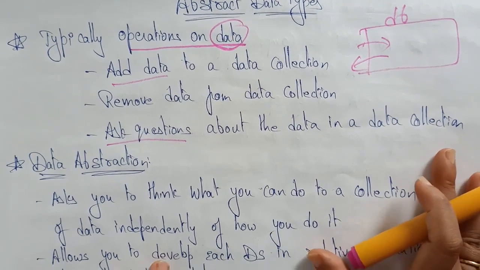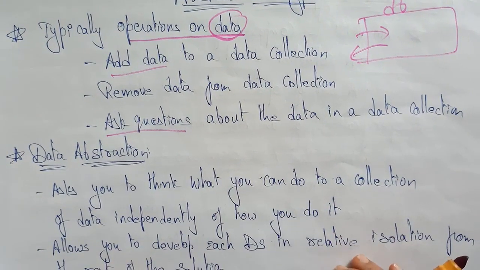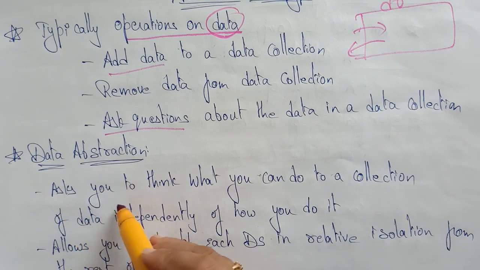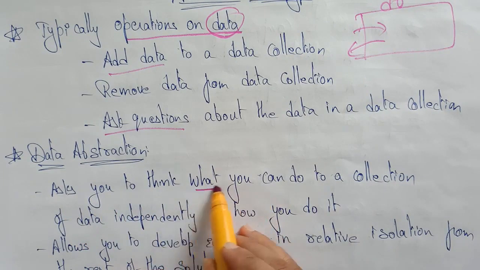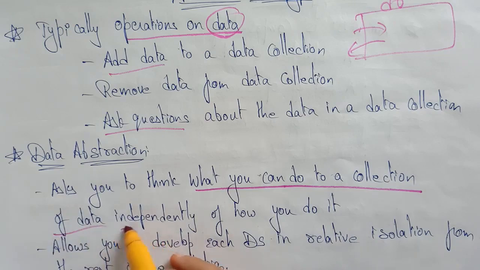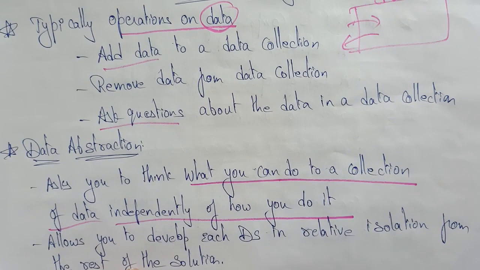Okay, so data abstraction means thinking about what you can do to a collection of data independently of how you do it. Data abstraction just asks you to think about what you can do on data.